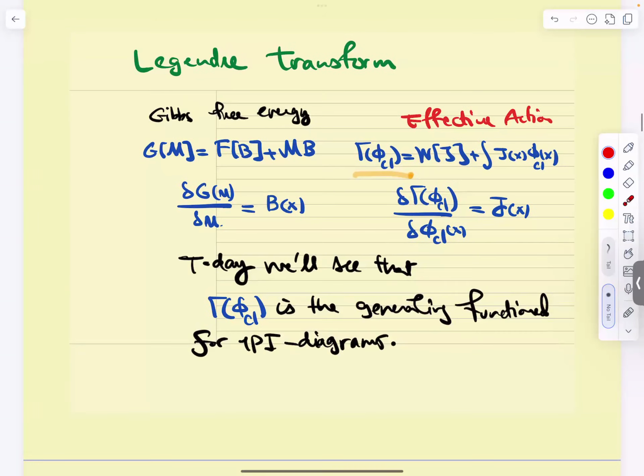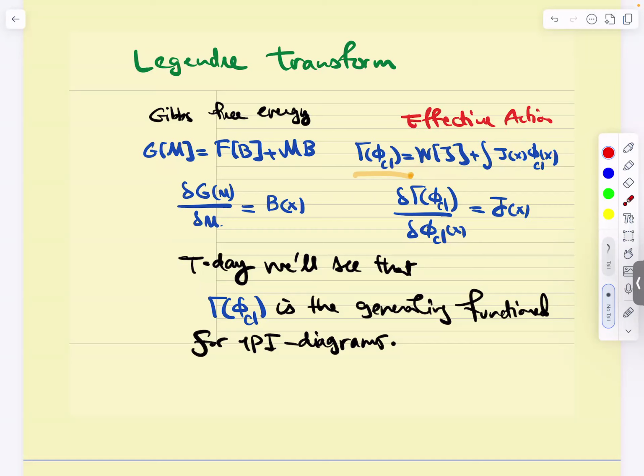All right. Similarly, what you do in quantum field theory is you define the effective action, which is the Legendre transform of your Helmholtz free energy, adding to it the integral of J of x phi classical of x.